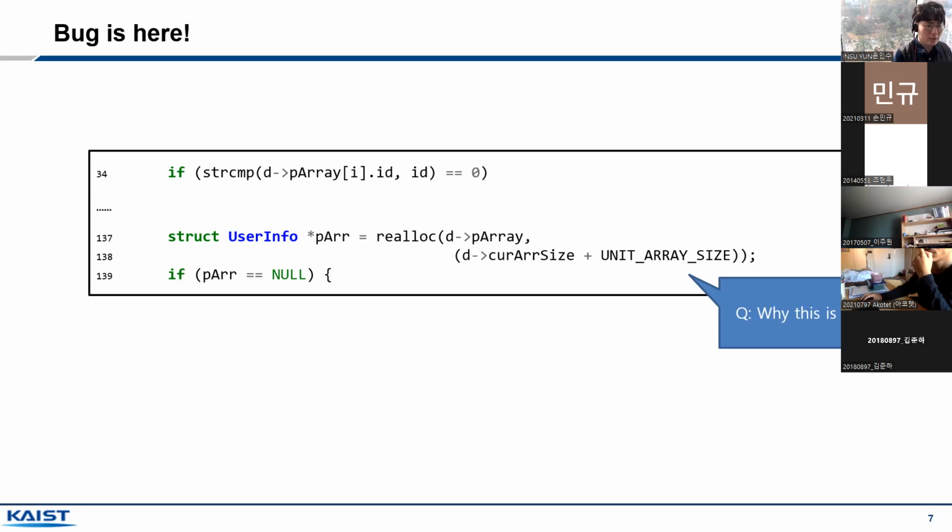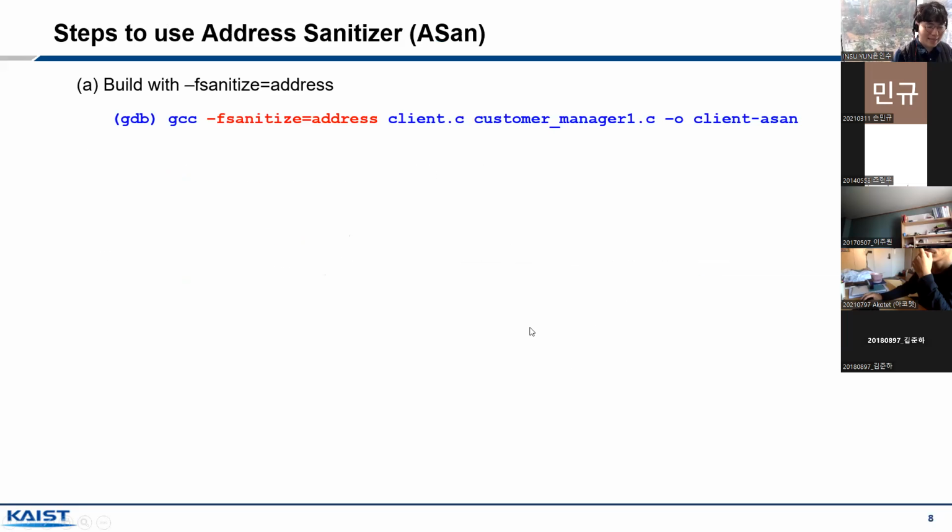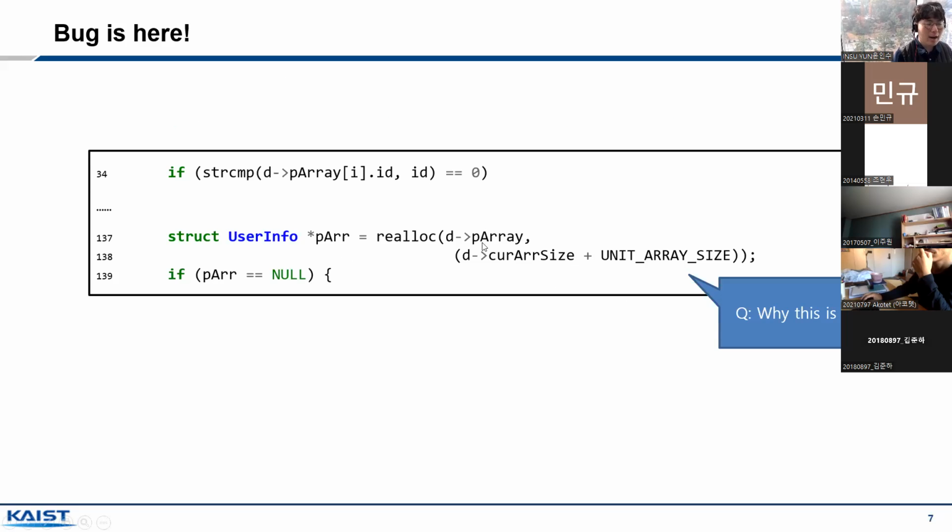Here, the element is a struct user info, to get the valid memory address. Otherwise, it can cause a heap overflow. If you try to use this one with an index less than the new array size, that causes the problem. So how can we detect this bug in a more convenient way?